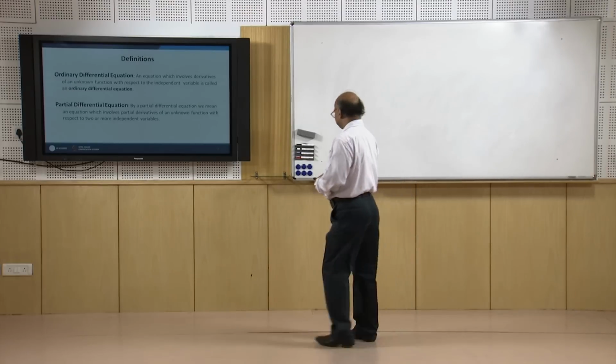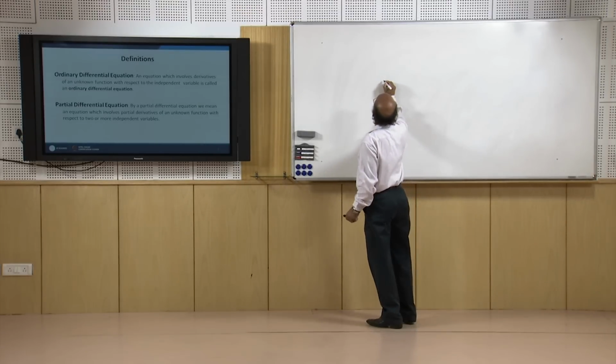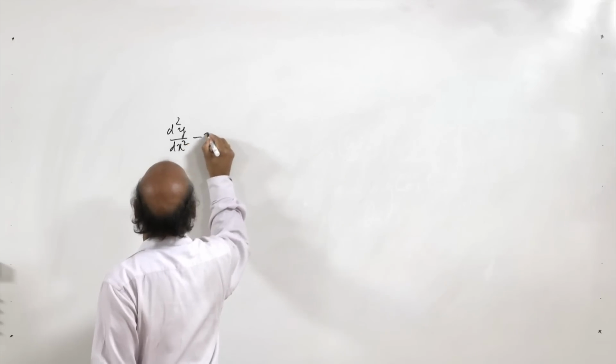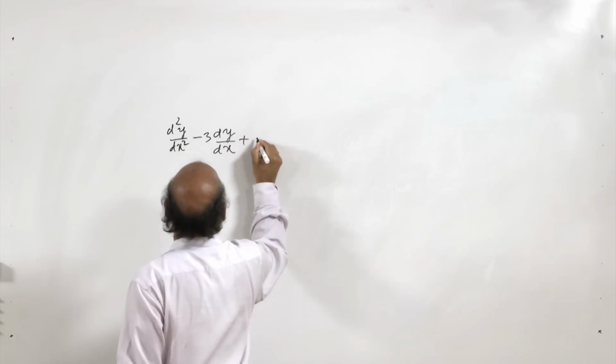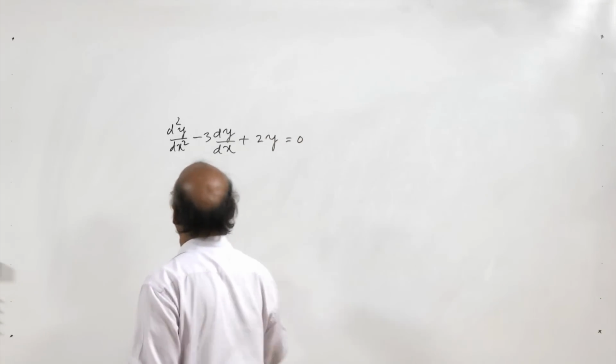For example, suppose, let us write d square y over dx square minus 3 dy by dx plus 2y equal to 0.